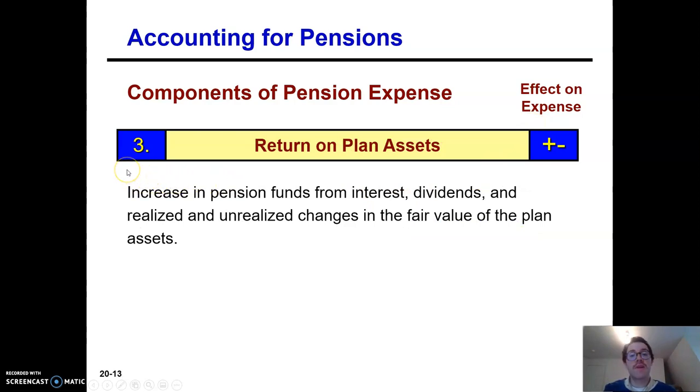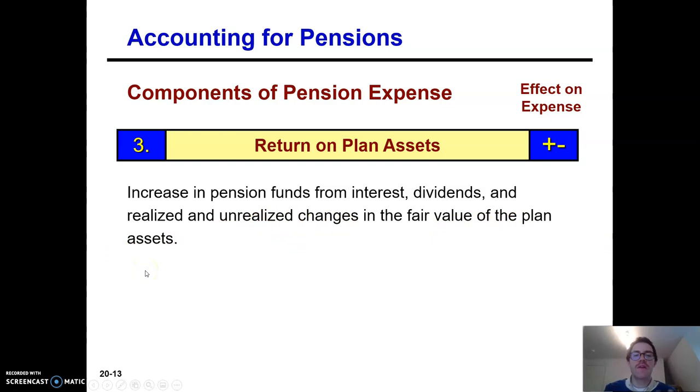The third component of pension expense is the return on the plan assets. So this is the increase. Well, it says increase, but obviously you can invest in things that lose money. So I don't know why it just says increase. It could be decrease, right? But okay, assume things go well. The increase in pension funds from interest, dividends, and any realized or unrealized changes in the fair value of your plan assets.